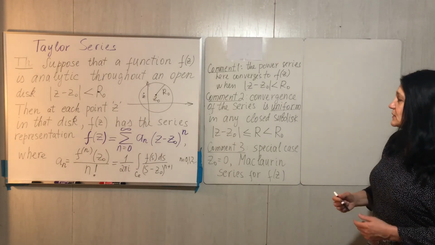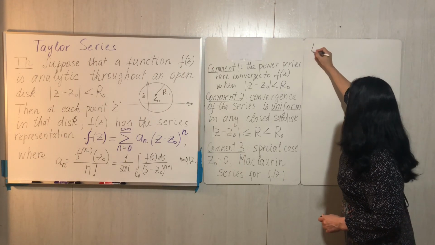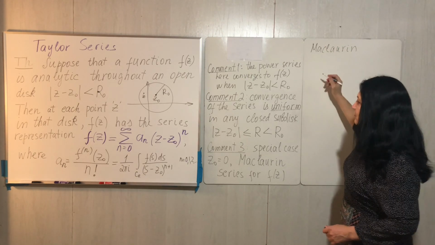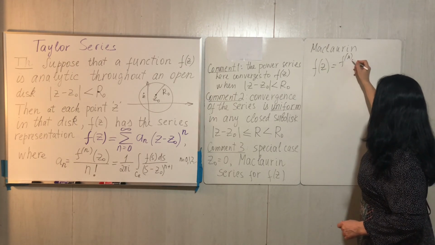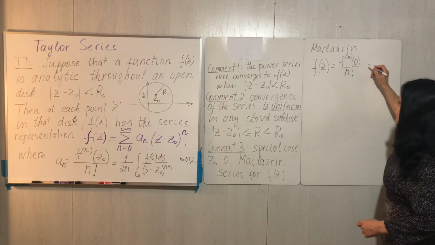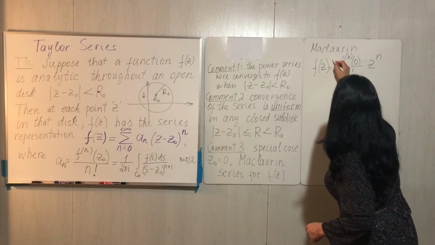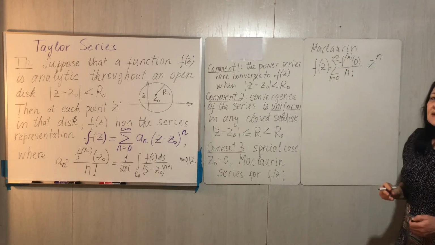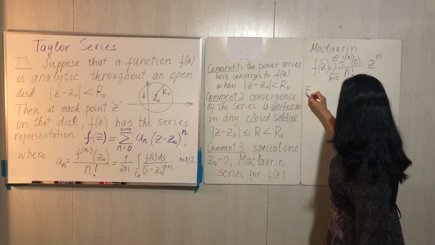So for the Maclaurin series, this formula will look like this: f of z equals the sum, n from 0 to infinity, of the nth derivative evaluated at 0 divided by n factorial, times z to the nth. That is the Maclaurin series.